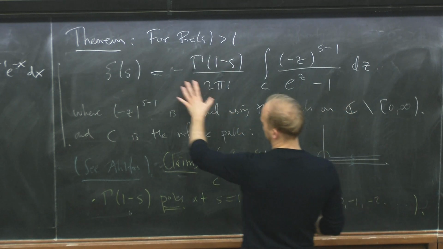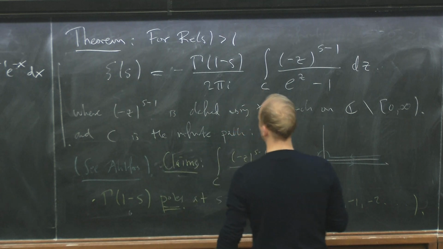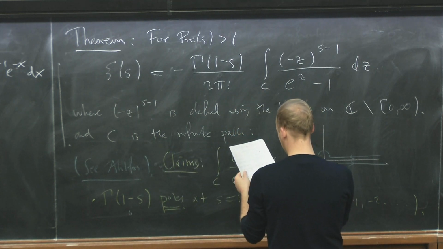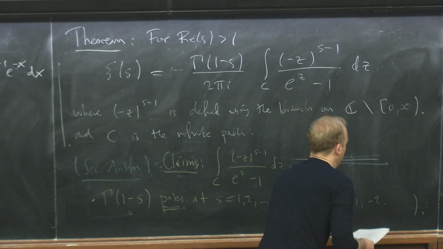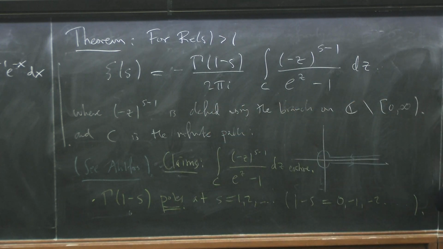Which then says something about the gamma function here. But of course, the zeros can be cancelled out. So the conclusion that you can see immediately from this equation would be the following.